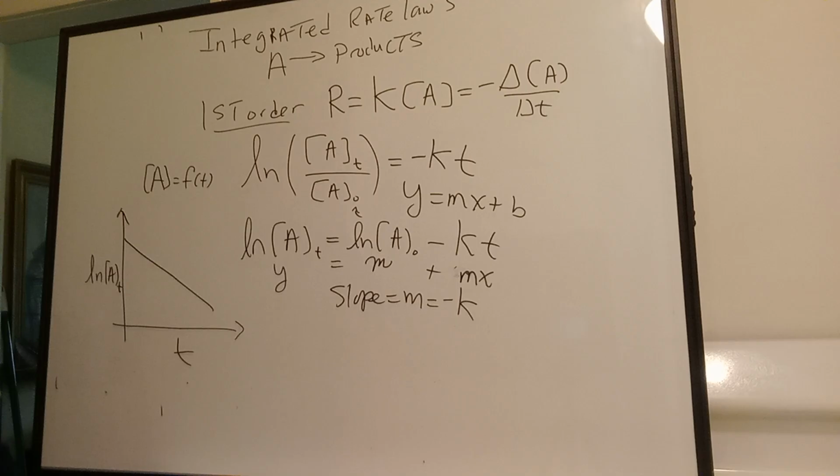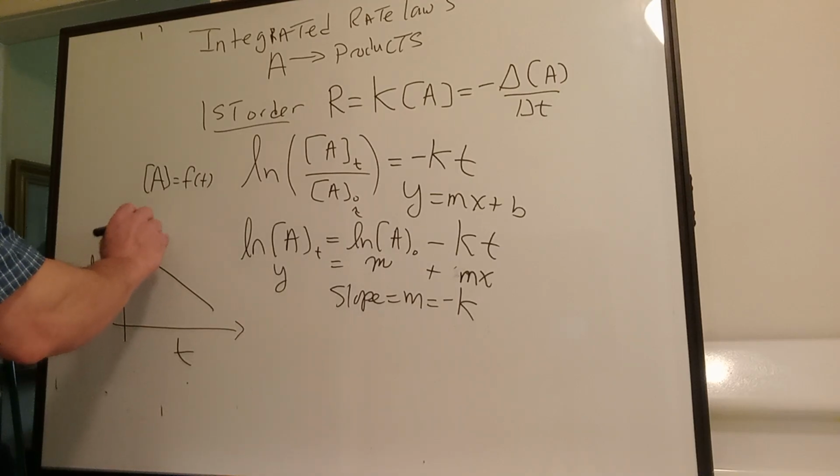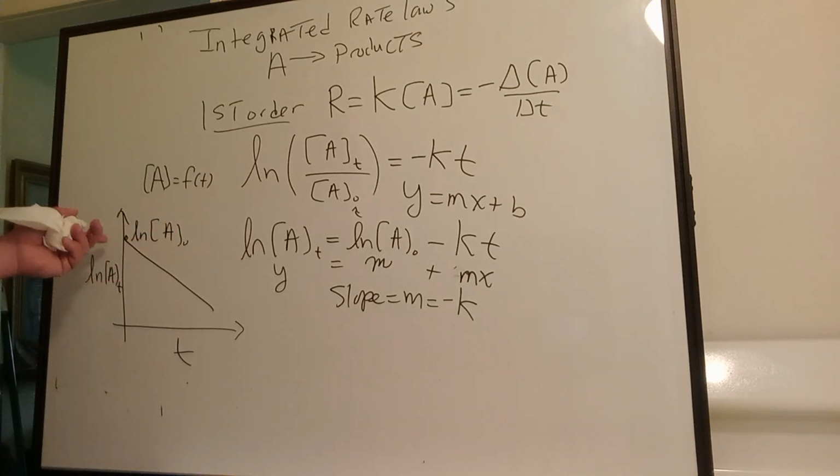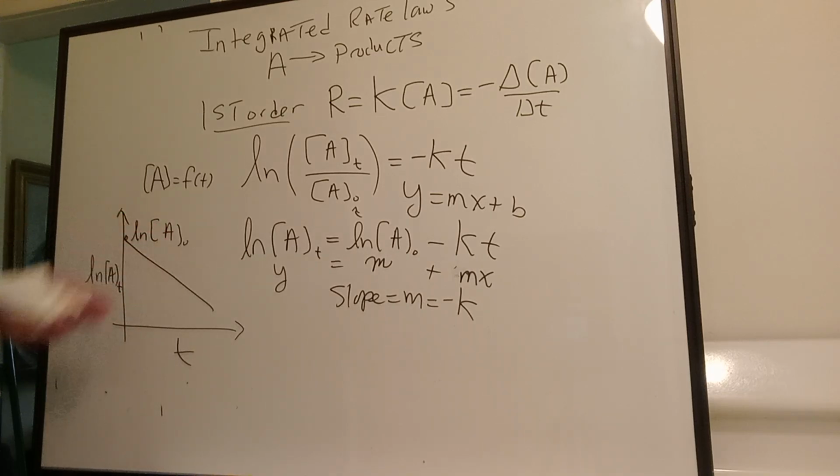It could be seconds, minutes, what have you. The intercept here is ln of A naught. If you have ln of A naught and you want to know what A at time 0 was, just take the exponential of the number there, and you'll get that, because the inverse function of the natural log is the exponential function.